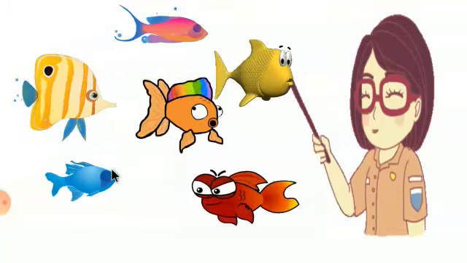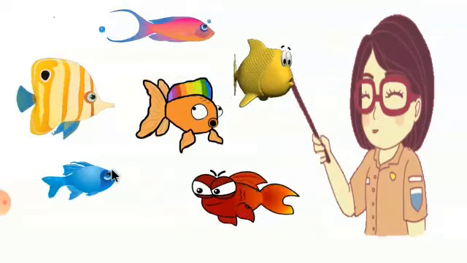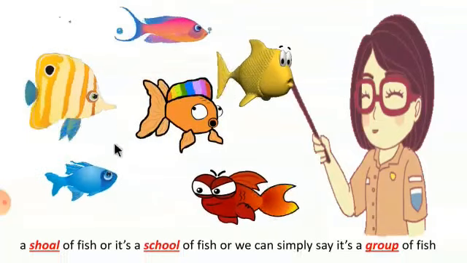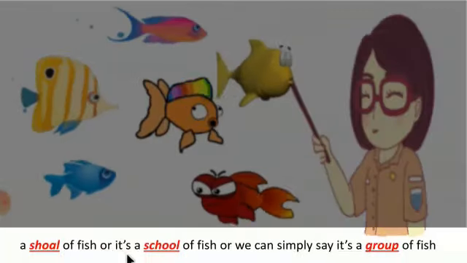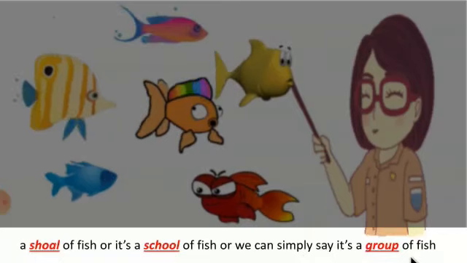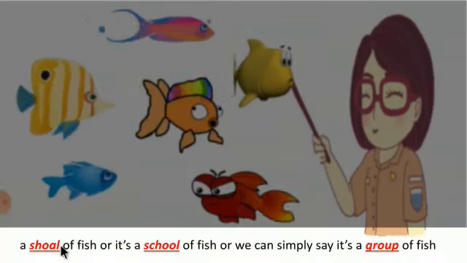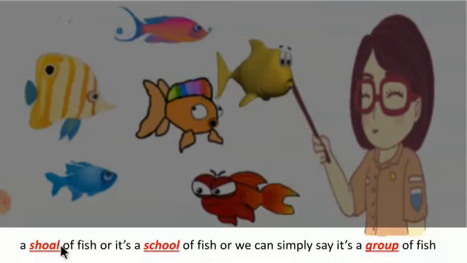Now, a group of fish is called a shoal or a school, so we can say a shoal of fish, or it's a school of fish, or we can simply say it's a group of fish. The words group, school, and shoal are collective nouns.